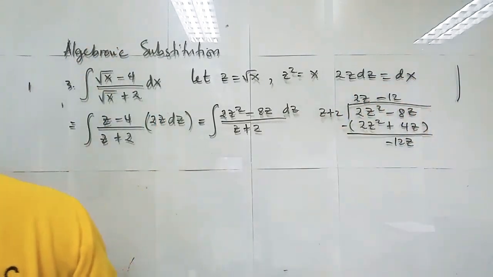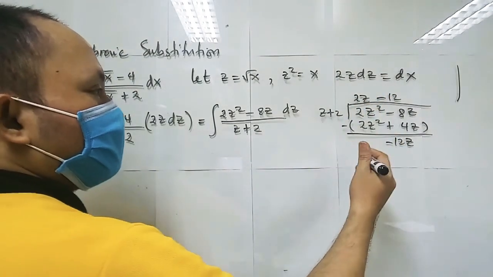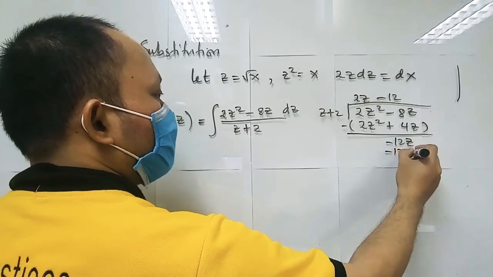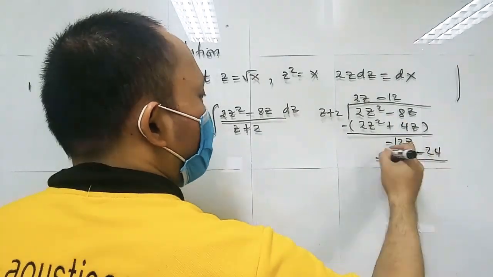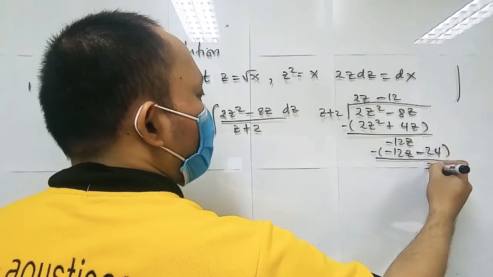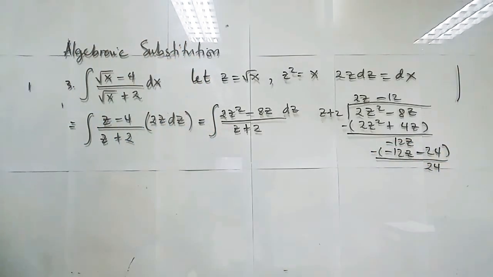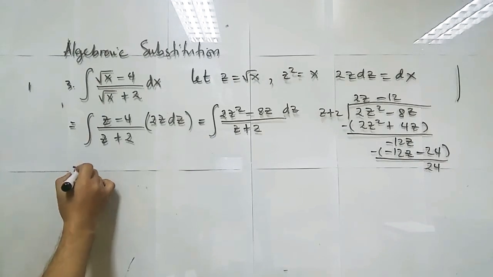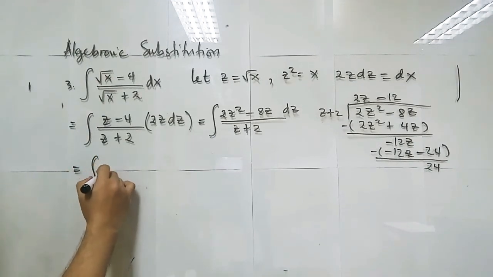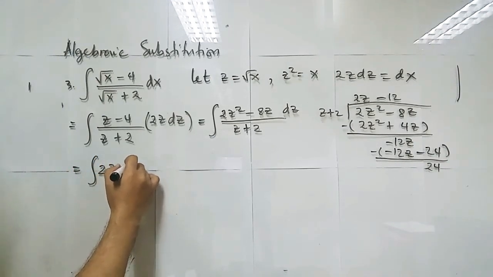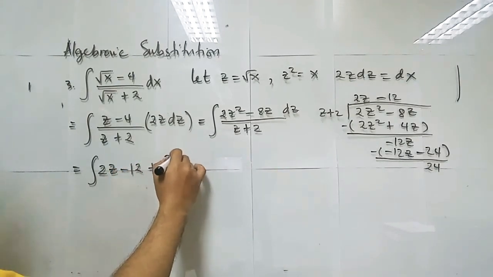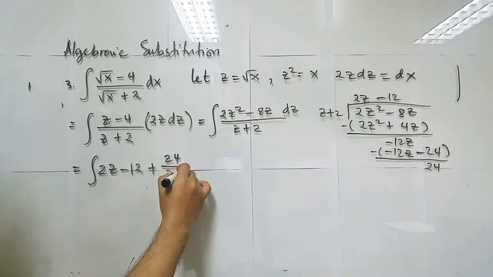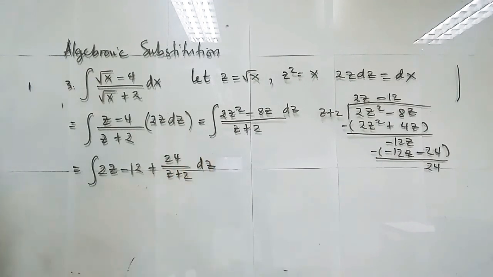Negative 12 times z is negative 12z, and negative 12 times 2 is negative 24. When we subtract this one, we have 24. So we will write the integral of 2z minus 12 plus 24 over z plus 2 dz.